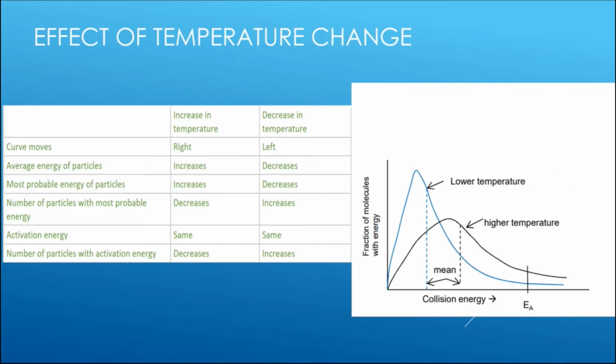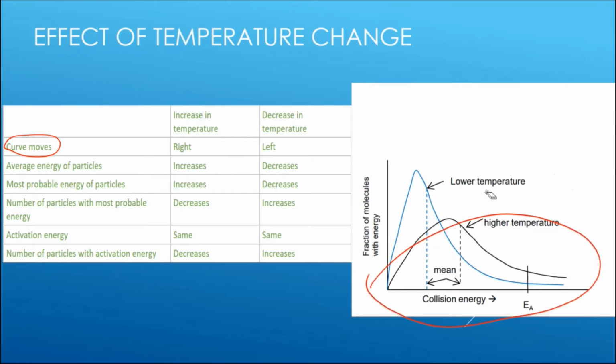Okay, so these are the effects of temperature change. Learn this whole table, because you need to know this very well for exam questions, as these come up a lot. If we're talking about how the curve moves in response to an increase or decrease in temperature: if you increase the temperature, the graph moves to the right.